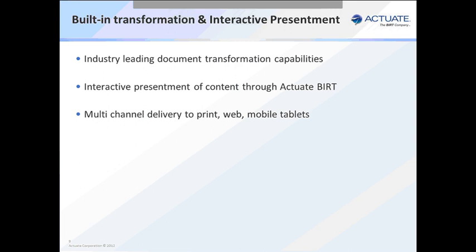Additionally, through the use of Actuate BIRT, statements can be made to be interactive, allowing for the aggregation, sorting, and charting of content for end users. They can actually take control of how they want to view their content.